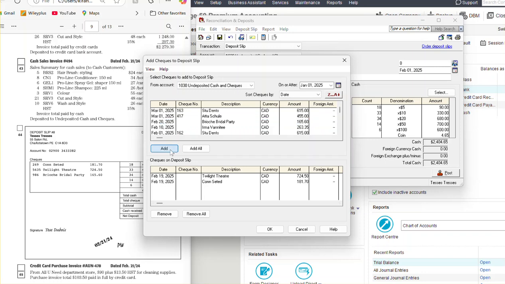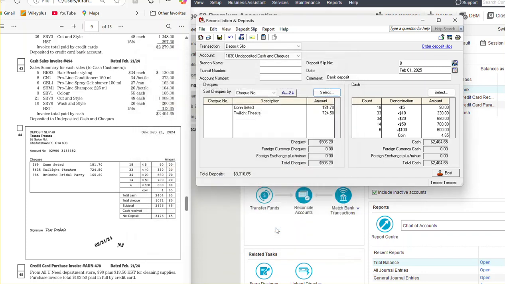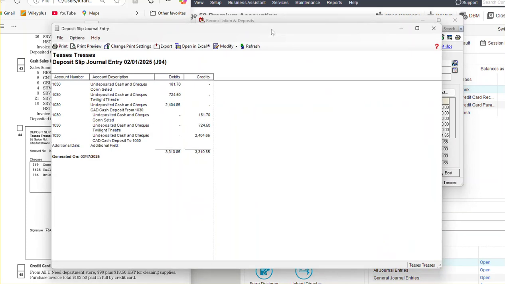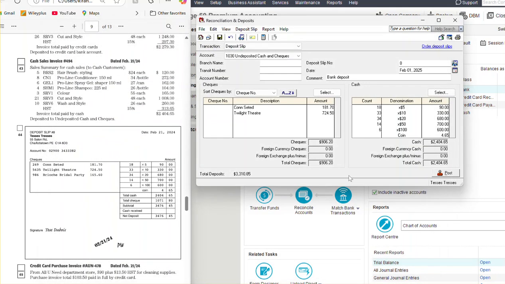I will add 165 for brochure. So your display should be like that. All right, so I am going to post. I think the glitch is finished.